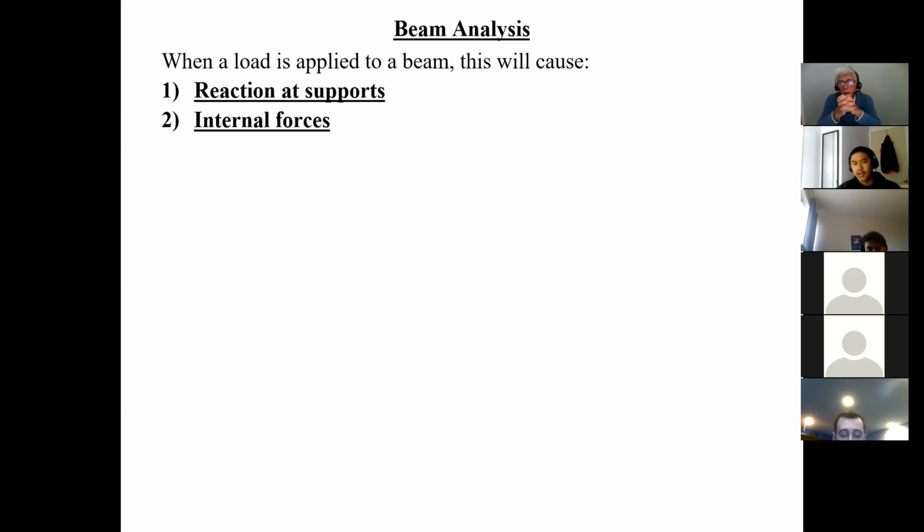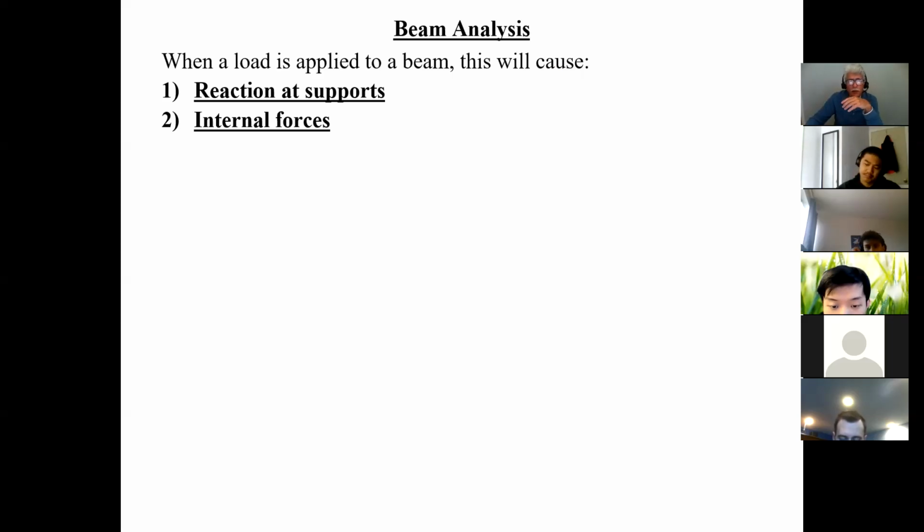Is it the actual force? Yeah, but what kind of forces? In other words, what kind of internal forces may be created by the external loads or forces that are being applied on the member, on the beam? Tension, compression. You can have a tension force, you can have a compression force, okay?